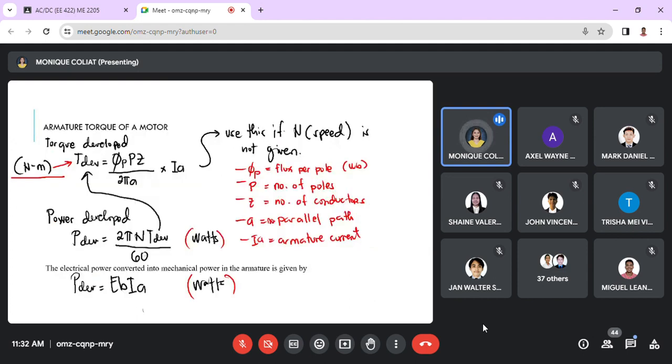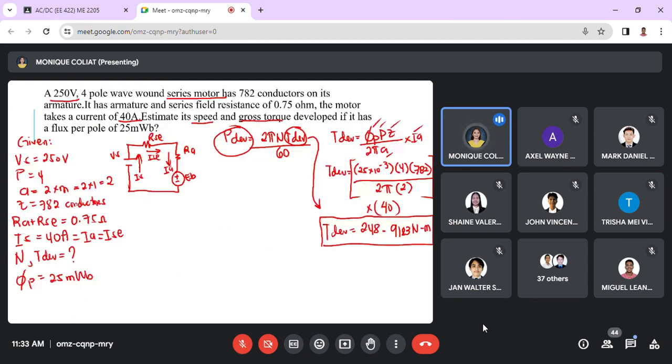Okay, so saan natin makukuha si PDEV? Si PDEV din po ay yung EB IA. So, kung makuha natin si EB, meron tayong IA, makukuha natin si PDEV. Okay, so, PDEV is also EB IA. Okay, so we have to get EB.